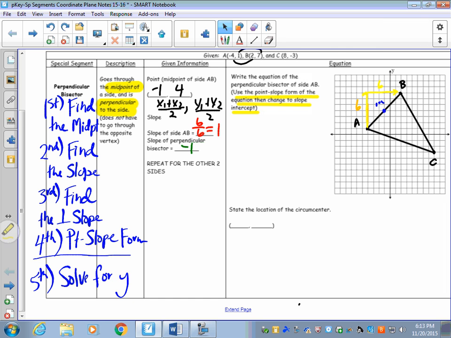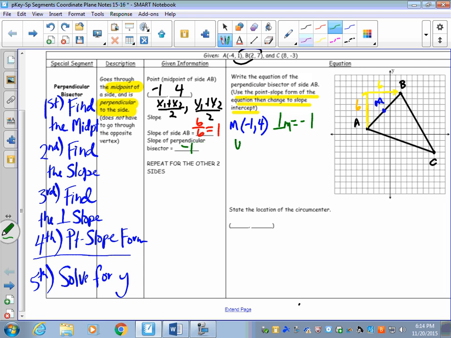So we are now going to take the midpoint, and I'll put my M back up here. My midpoint was negative 1, 4, and then we're going to use the perpendicular slope, and the perpendicular slope of AB was a negative 1, and then we're going to just plug into point slope form.